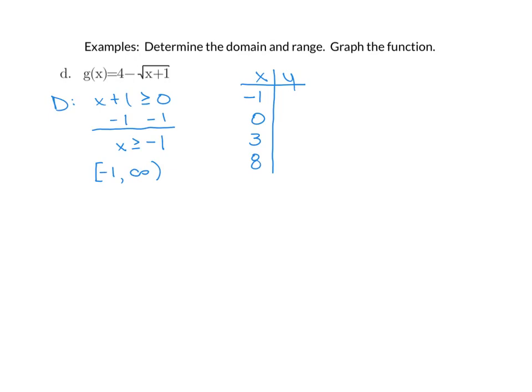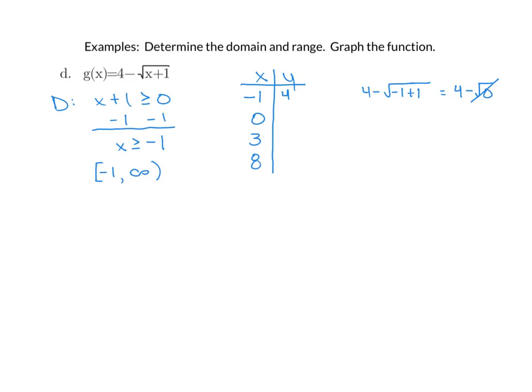Alright, so if we plug in, we get 4 minus the square root of -1 plus 1 equals 4 minus the square root of 0. Square root of 0 cancels, and we are left with just 4.